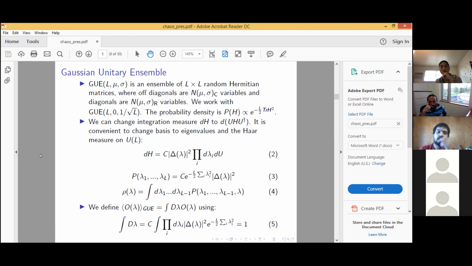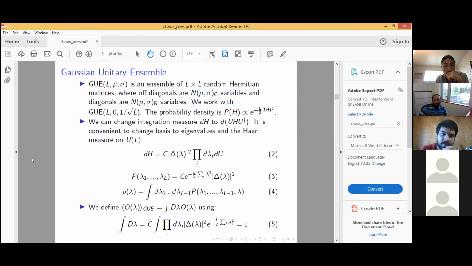So yeah, let's discuss the Gaussian unitary ensemble. The GUE is parameterized by three parameters: L, mu, and sigma. The GUE is an ensemble of L cross L random Hermitian matrices. The off-diagonal elements of these matrices are complex normal mu sigma variables, and the diagonals are real normal mu sigma variables.